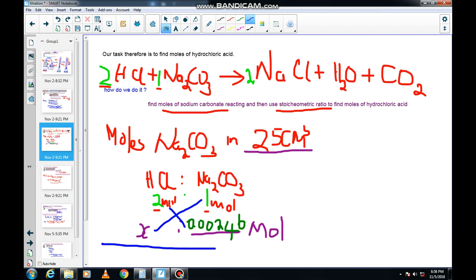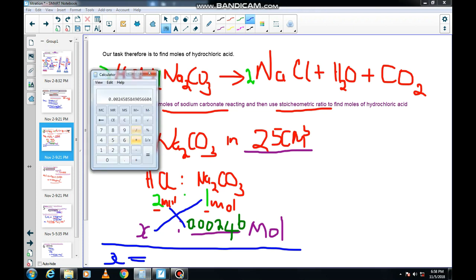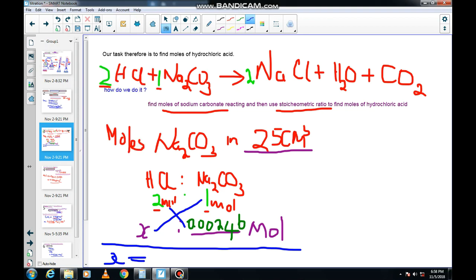The value of x is 2 times this number of moles, and our answer is 0.004917. To 3 significant figures, that will be 0.00492 moles of hydrochloric acid.